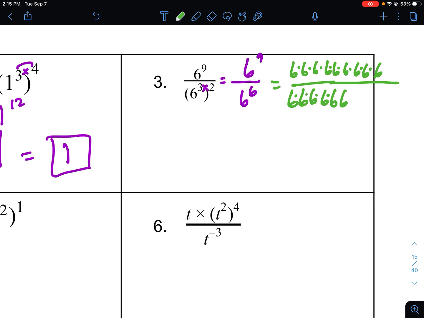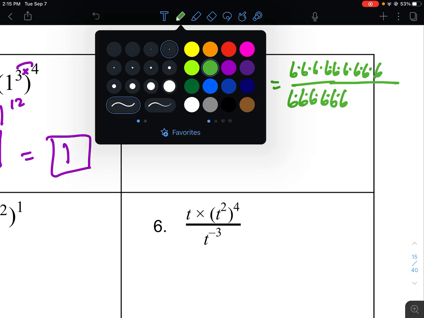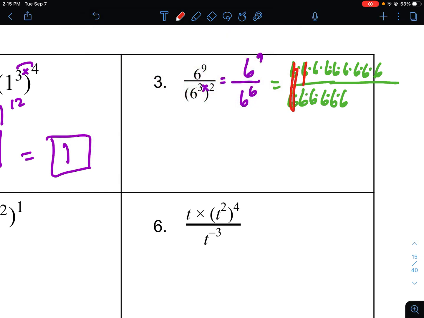Well, you cross off your common factors. Now, what do I have left over? Just the 3 sixes on top, so 6 to the 3rd, which is whatever that is. So remember, you're just subtracting. So 6 to the 9th divided by 6 to the 6th is 6 to the 3rd.